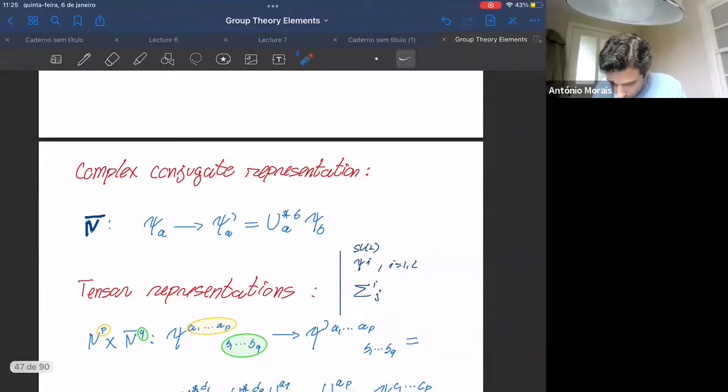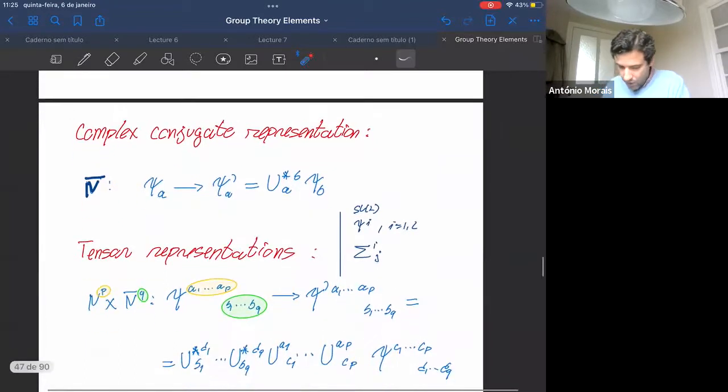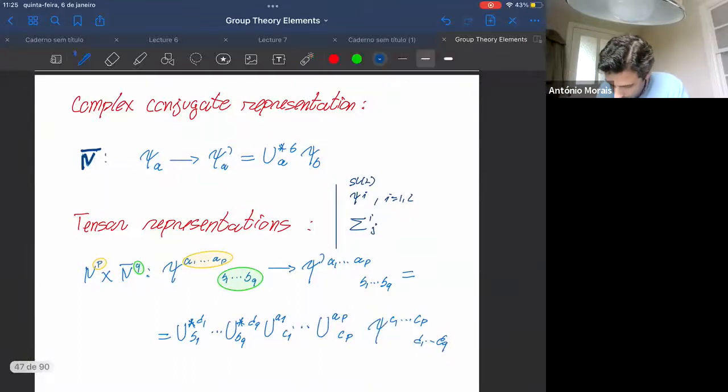And of course, to make sure that this is an invariant of the group, you need to know how it transforms. Now, instead of having only one matrix for the anti-fundamental indices, you have Q matrices. And for the fundamental indices, you have P matrices.